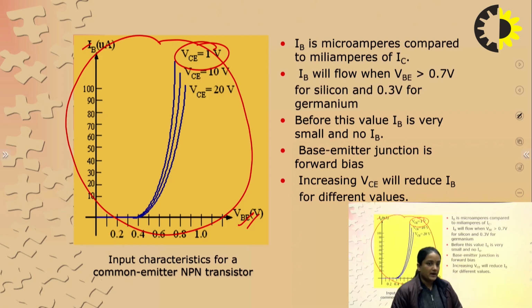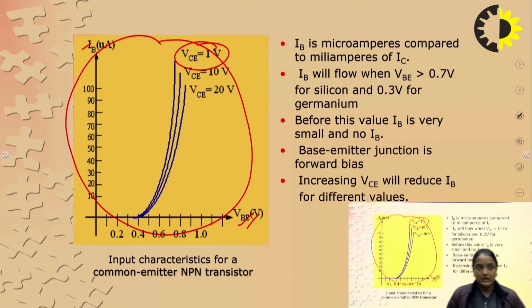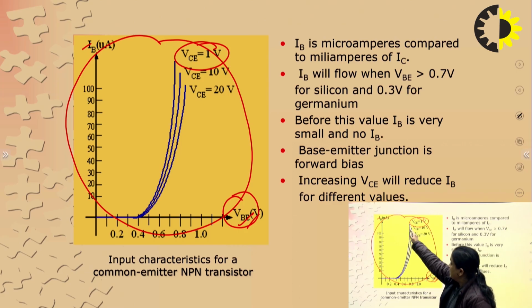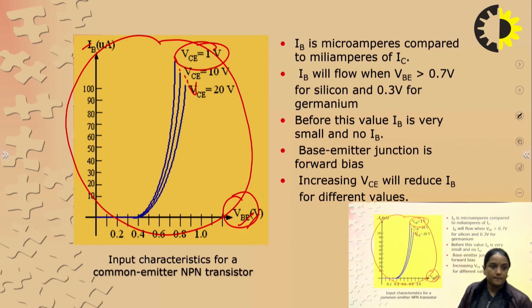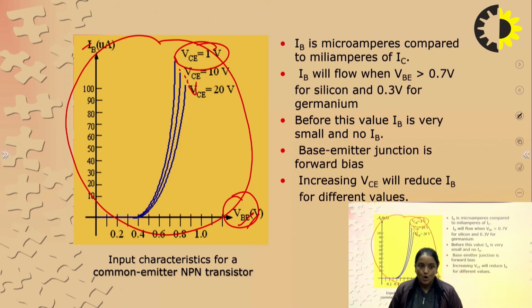When it is forward biased, the increase in VCE will reduce the value of IB for different values. So what we are observing is that as we increase the value of VCE, taking it as constant for each curve, the base current IB is decreasing. So this is all about the description of the input characteristics of BJT in common emitter configuration.